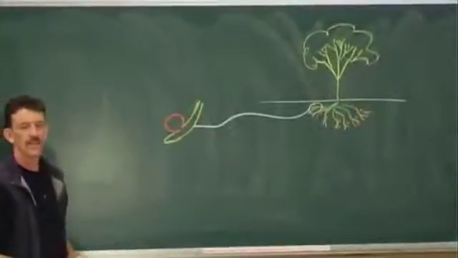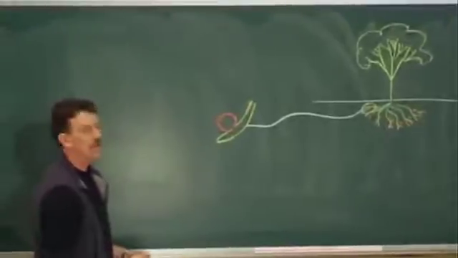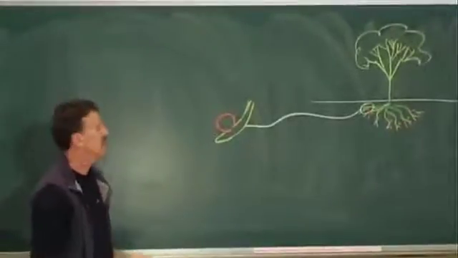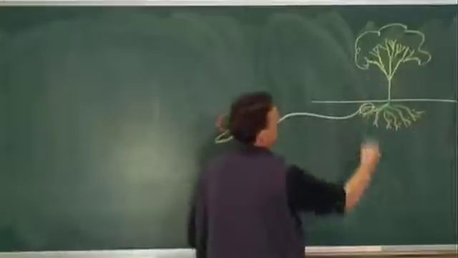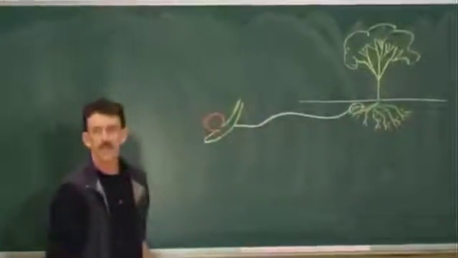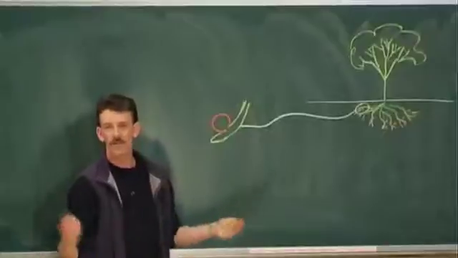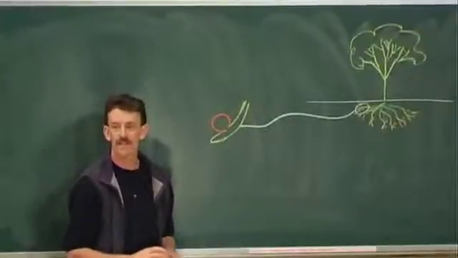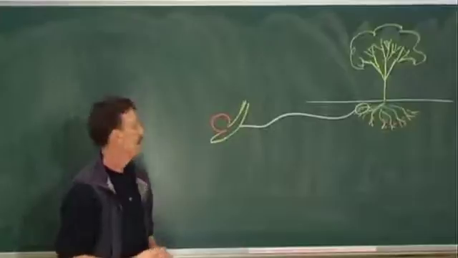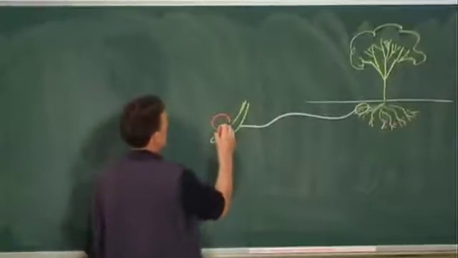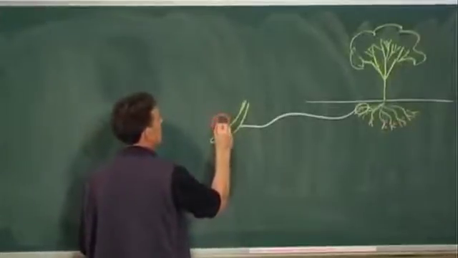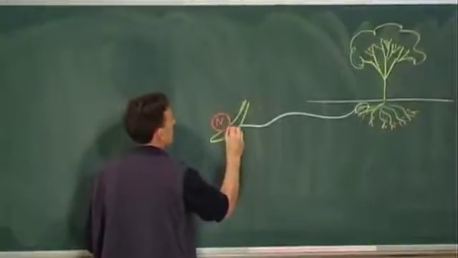This is a nitrogen-fixing bacteria, a colony of nitrogen-fixing bacteria, and they associate with this particular tree. Some types of nitrogen-fixing bacteria associate with many types of trees, some are specific. And it produces a byproduct of nitrogen, which it gives to the tree.